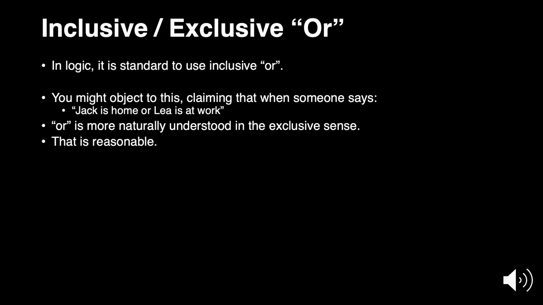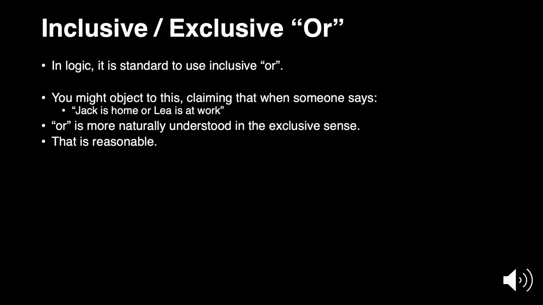And of course you might object to this, claiming that, look, when someone says, Jack is home, or Leah is at work, or any other disjunction, or is more naturally taken in the exclusive sense.